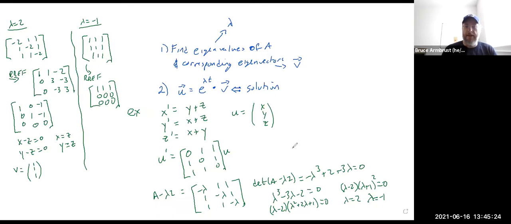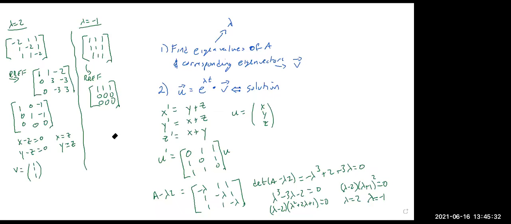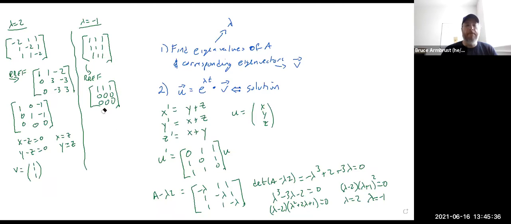And that brings us here, with 2 rows of zeros because it was a repeated root. So when you have eigenvalues that show up multiple times, you do end up getting a higher dimensional eigenspace. And that's what's happening here.